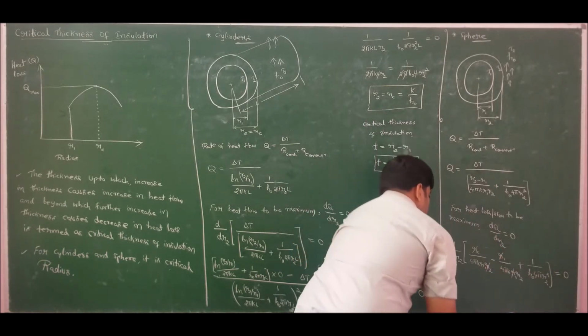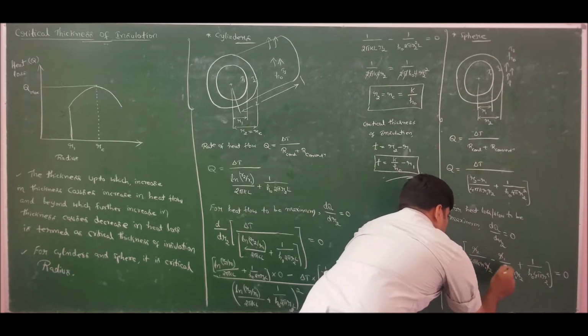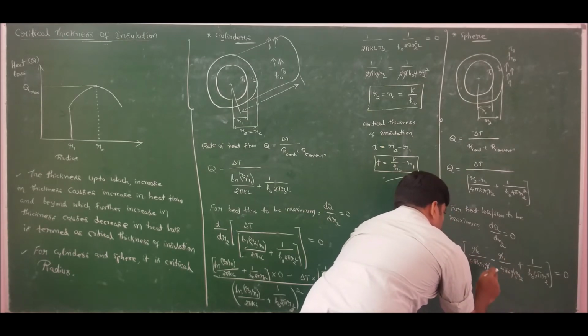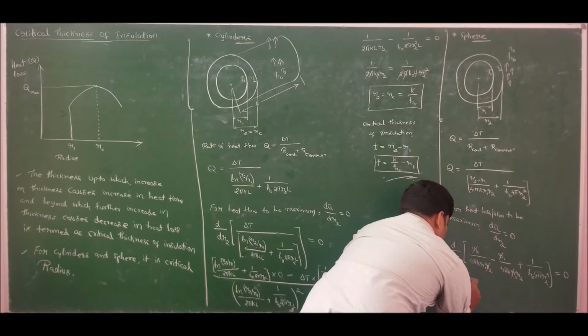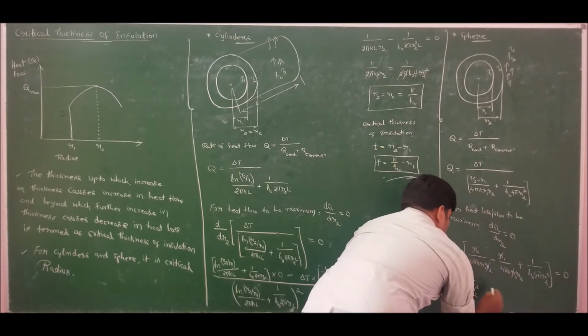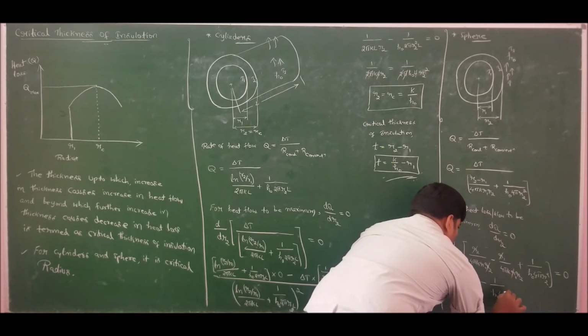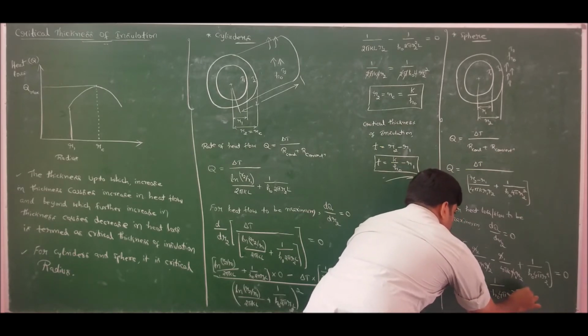Now if I differentiate, this term does not contain r2, hence it becomes 0. This is of the form 1 by x, differentiation of 1 by x is minus 1 by x square, minus of minus will become plus, that is plus 1 by 4 pi k r2 square. This is of the form 1 by x square, differentiation of 1 by x square is minus 1 by x cube. So you will get 1 by h naught 4 pi r2 cube is equal to 0.